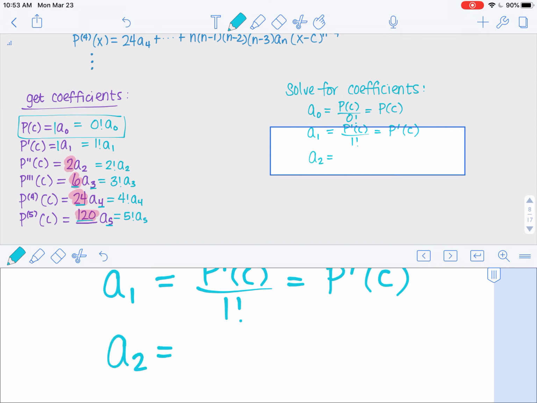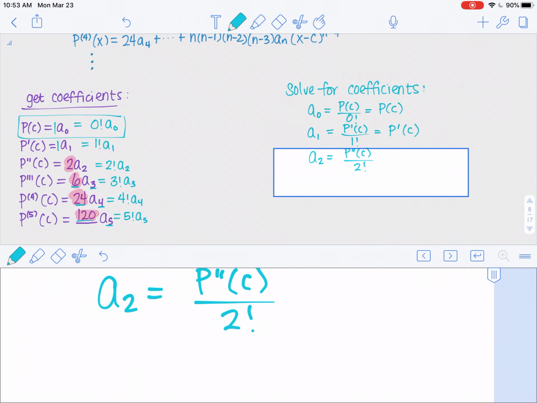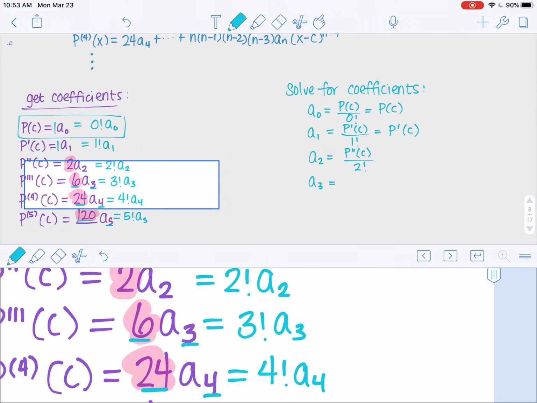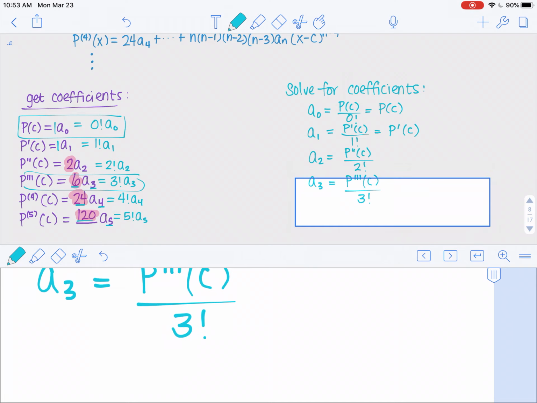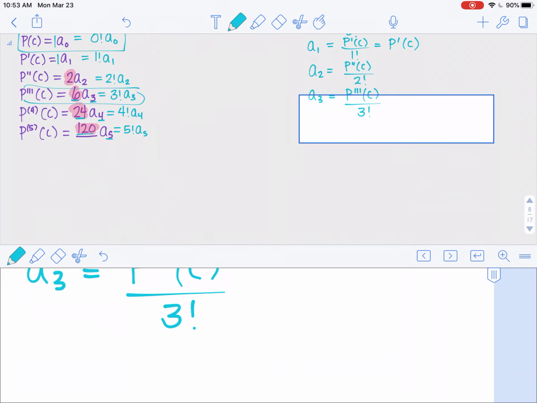A sub 2 is p double prime evaluated at c divided by 2 factorial. And a sub 3, if I solve this equation for a sub 3, is p triple prime evaluated at c divided by 3 factorial. And we could keep going on and on and on. The point is to find a pattern.